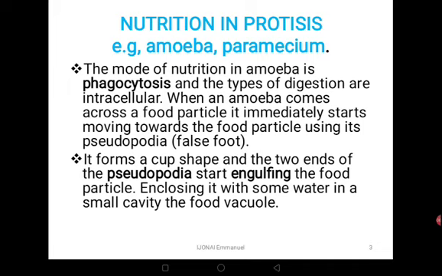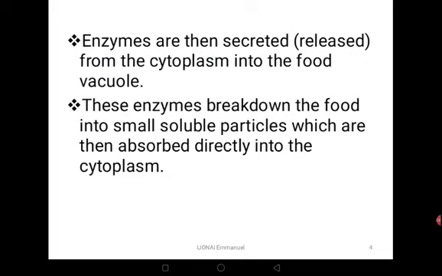And using its pseudopodia, or false feet, it forms a cup shape, and two ends of the pseudopodia start engulfing or enclosing the food particle with some water in a small cavity called the food vacuole.